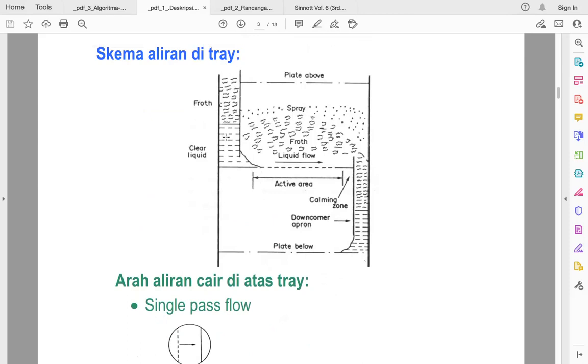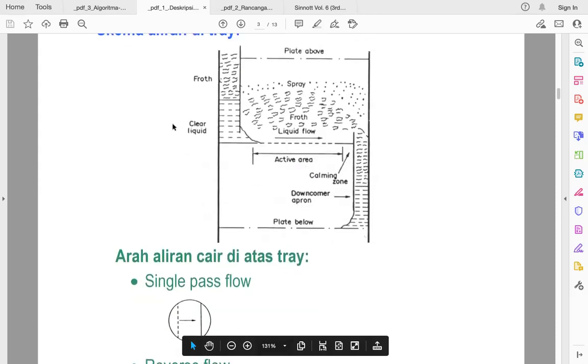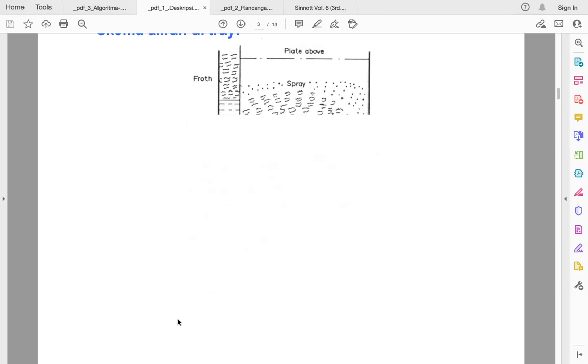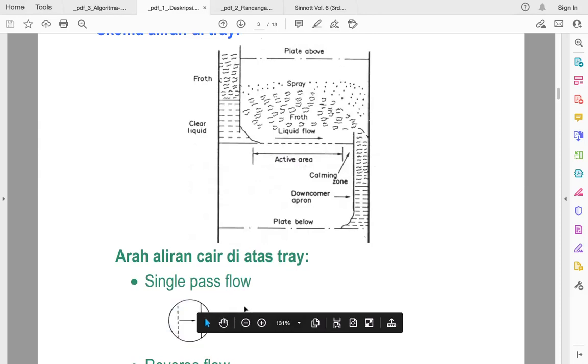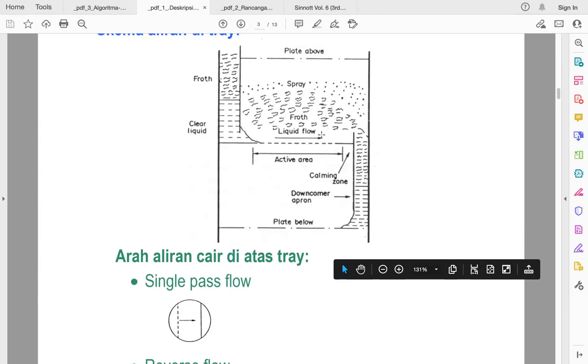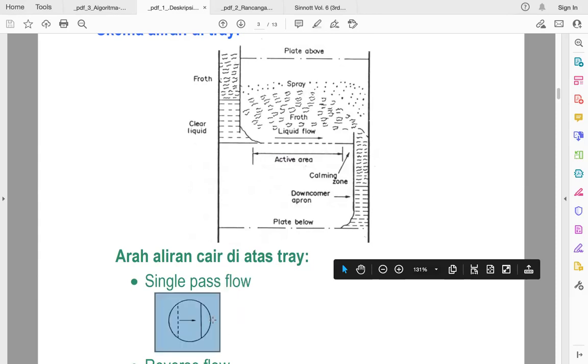We have the liquid coming from the top around here, and then it will go that way, and it will leave into the next small canal around here. So this is called a single path flow.